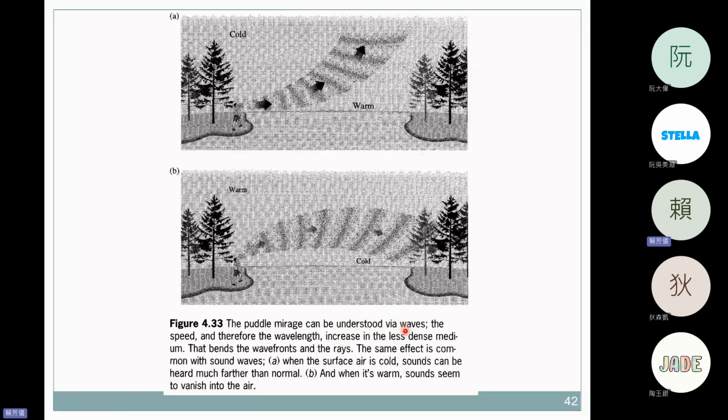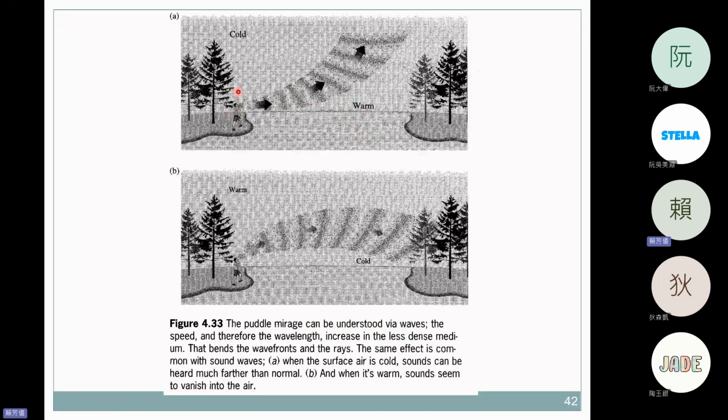The situation also happens where the refractive index of the upper air is different from the bottom air. Here, you can see that the upper air is cold and the bottom air is warm, close to the pavement.